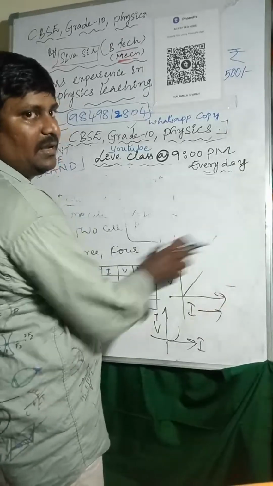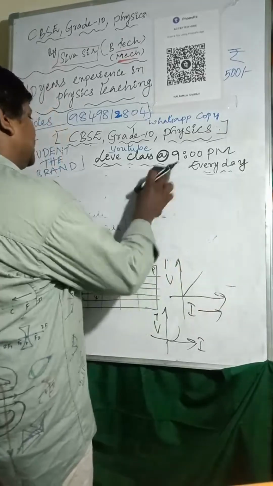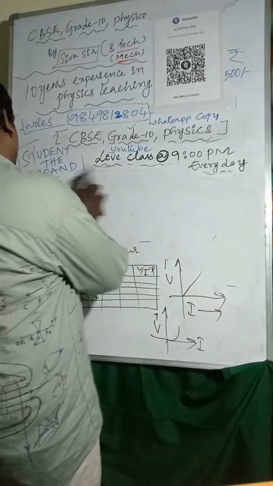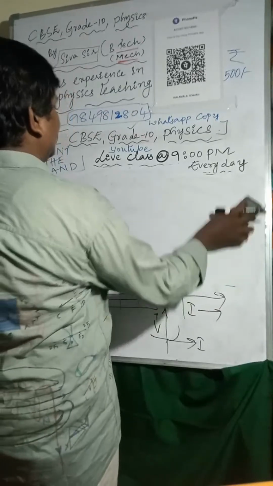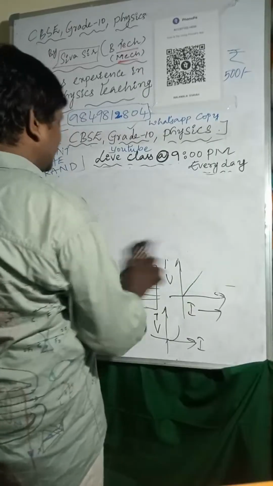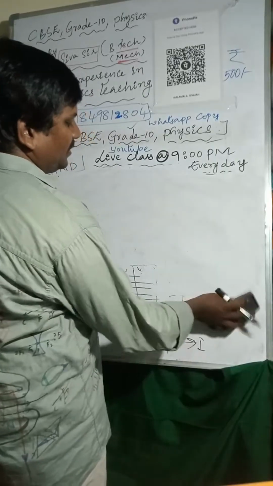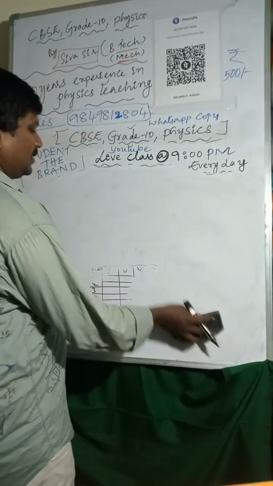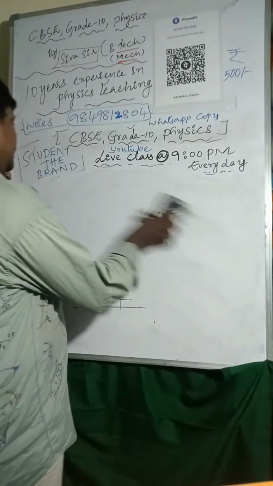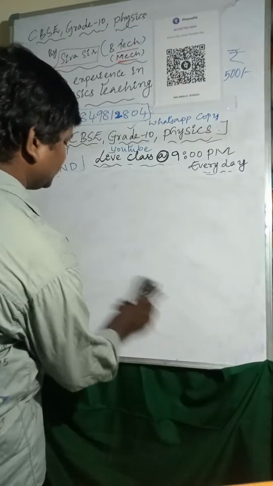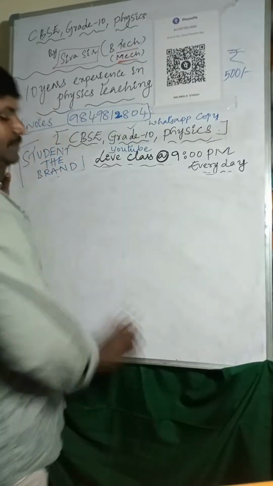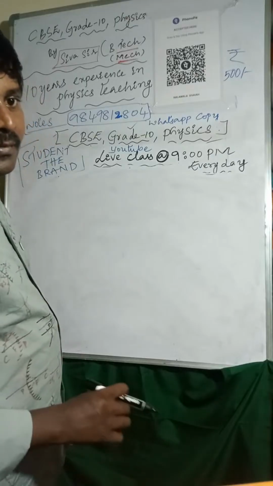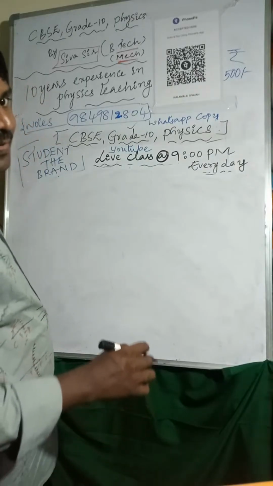Resistors are connected in a parallel combination. I'll explain resistors connected in parallel combination. Okay, done. Thank you.